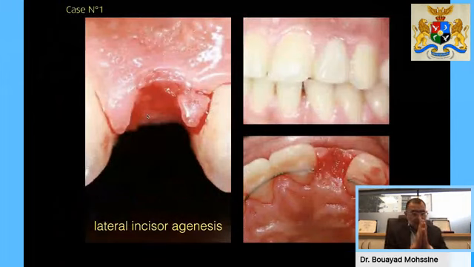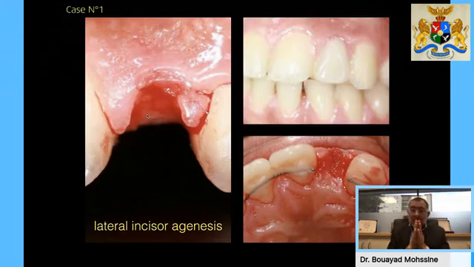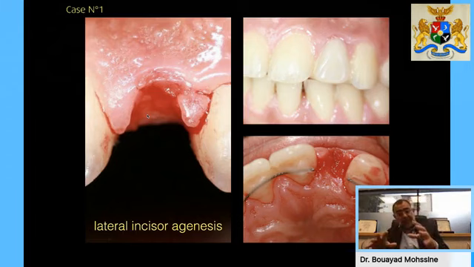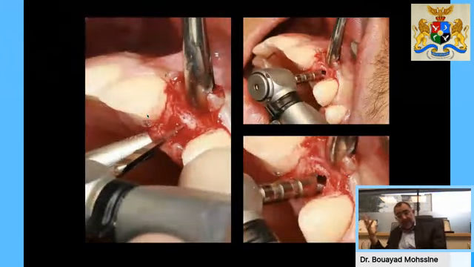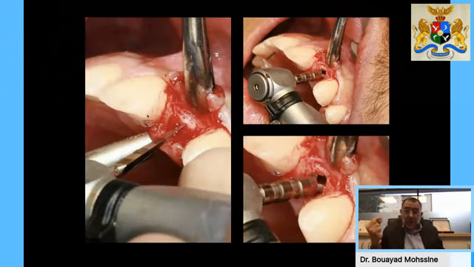In the case of a lateral incisor agenesis, we have to create a papilla during the orthodontic step. You have to place a temporary crown to create a new papilla in this area. We place an implant with minimally invasive surgery.